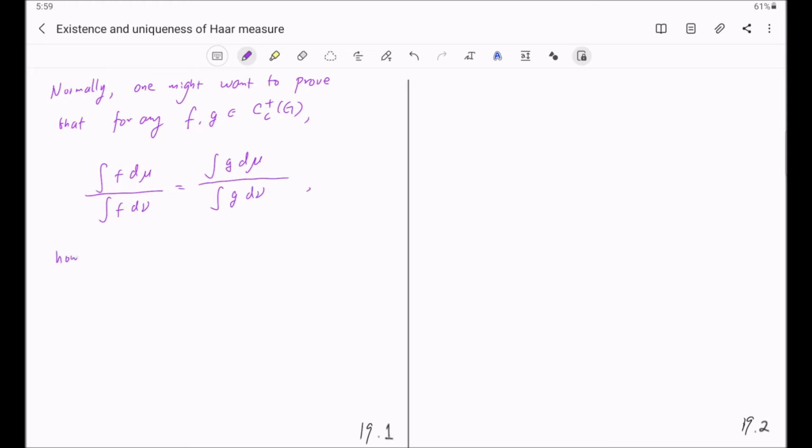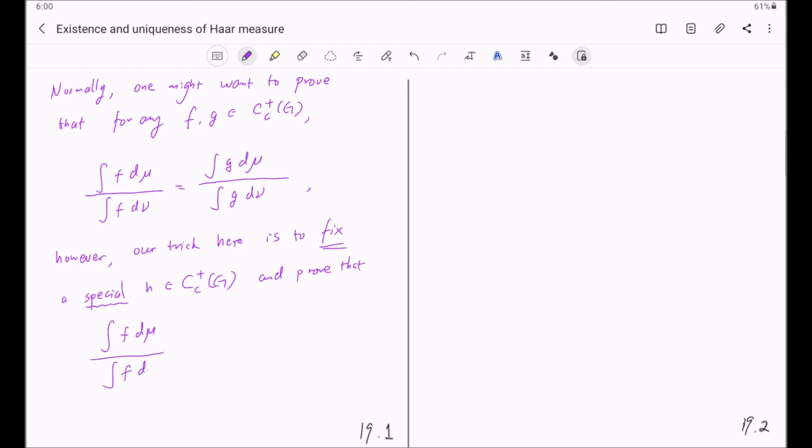However, our trick here is to fix a special h in C_c^+(G), and prove that any such ratio with f is equal to this ratio with h.